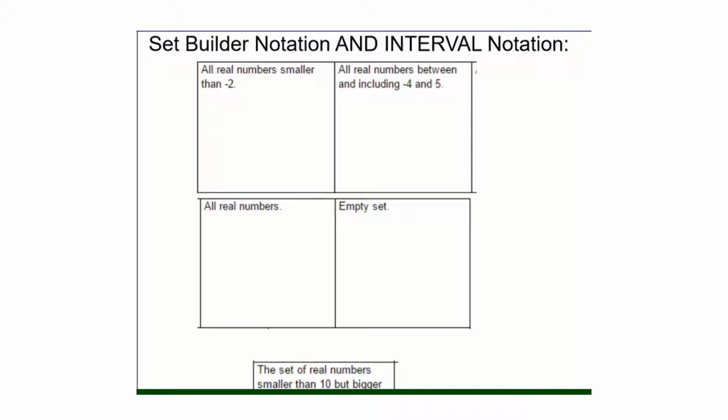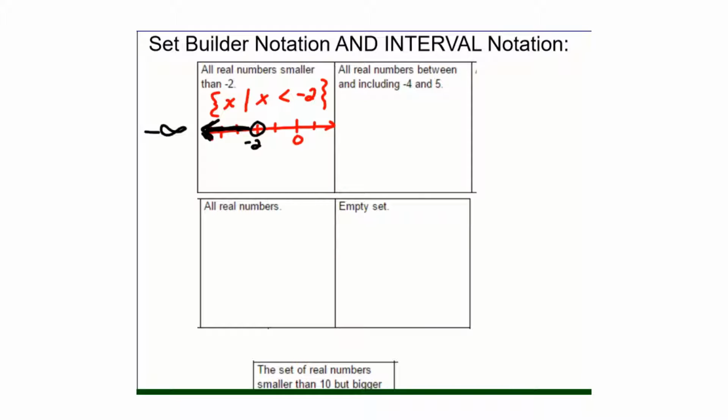Okay, so all real numbers smaller than -2, the way we wrote that was all x such that x is less than -2. On our number line, if I had -2 here, I'd be headed towards negative infinity.